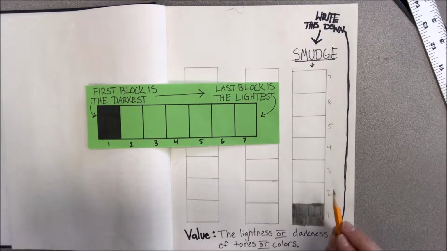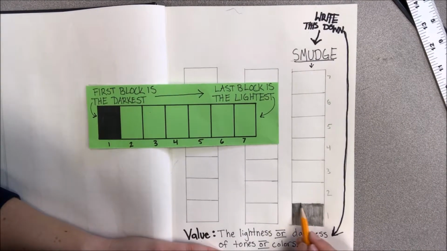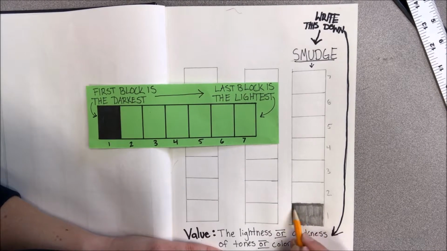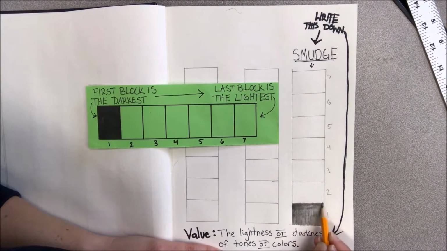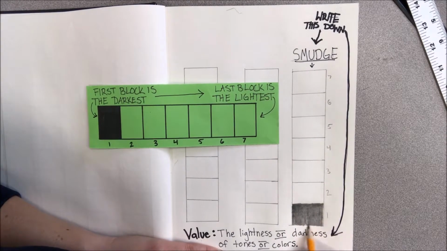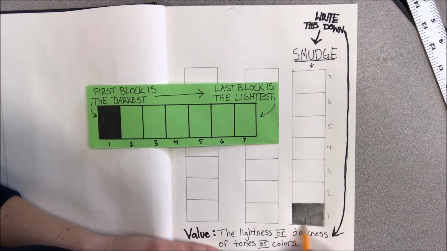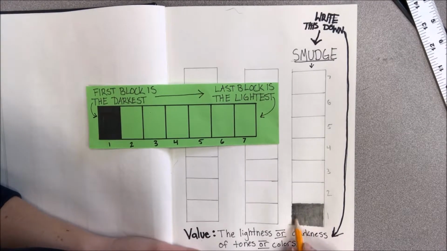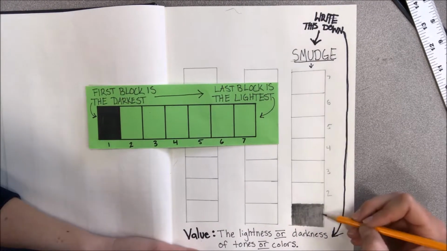To make it darker, I am now going to switch directions and go back over top, making that square as dark as I can.